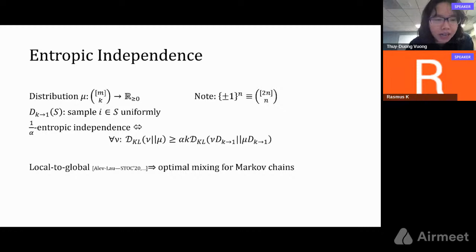Now we define the k-to-1 down operator to be the operator that takes a set S of size k and samples i in S uniformly at random.